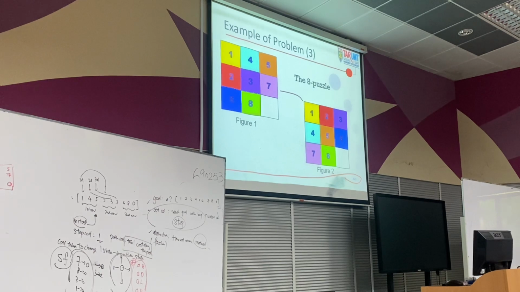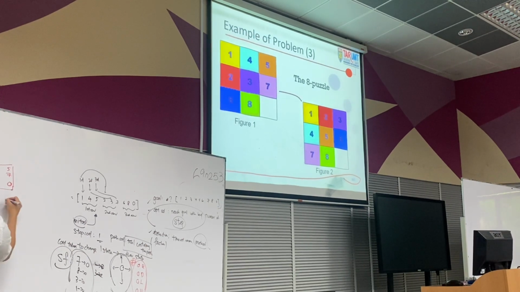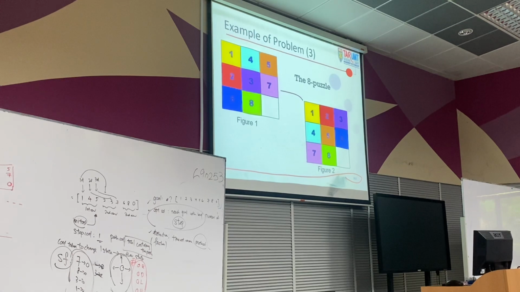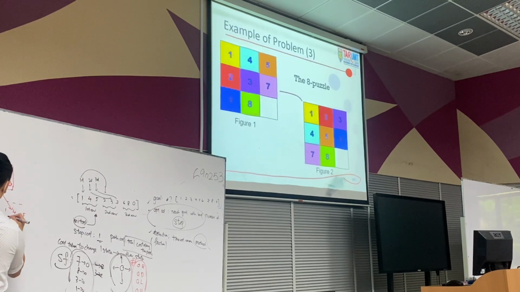If you move left, then you generate this state. Okay, done. So next, same level. Can we move up? Yes. So if you move up, we will get 1, 4, 5, 2, 3, 0, 6, 8, 7.